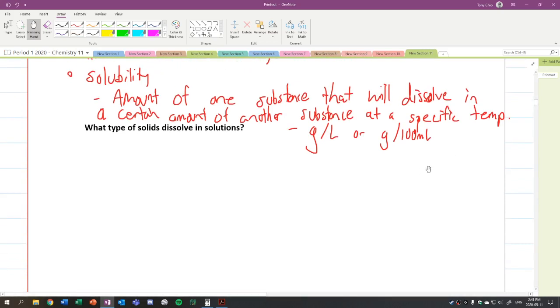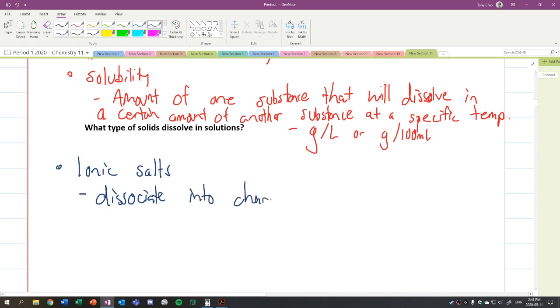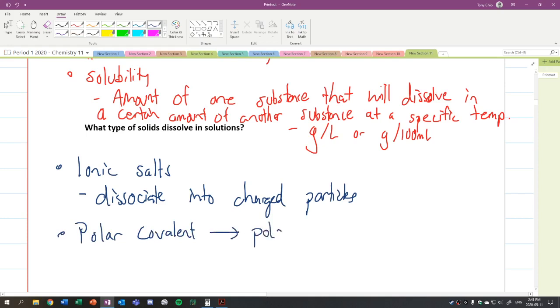Now, what type of solids can dissolve in solution? Well, we know ionic salts can, most of them, because when they dissolve, they dissociate into charged particles. We also know certain polar covalent compounds can dissolve in what we call polar covalent.